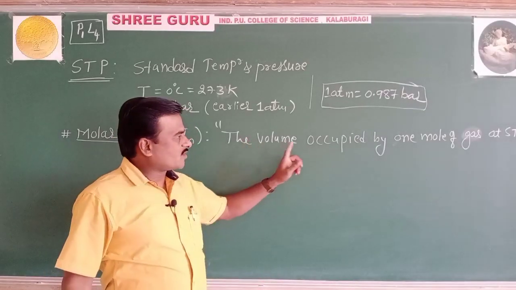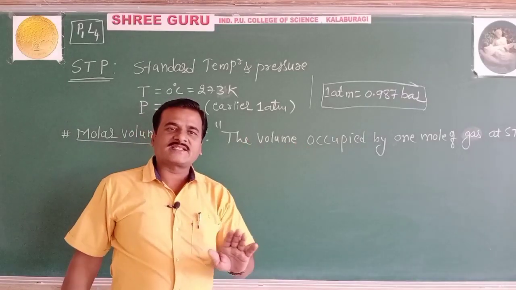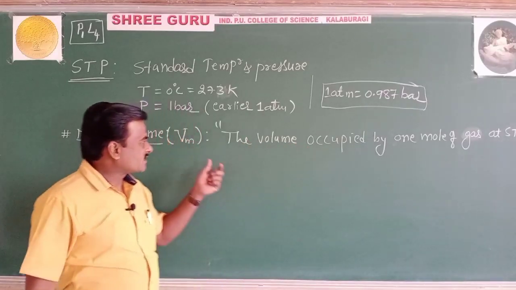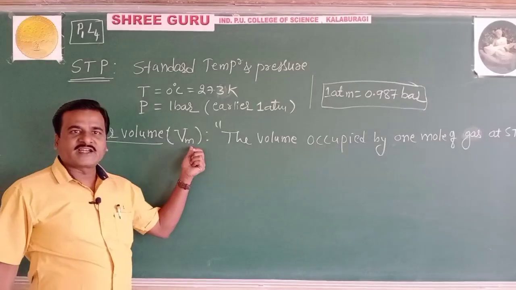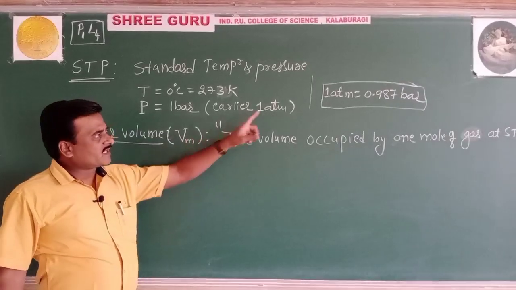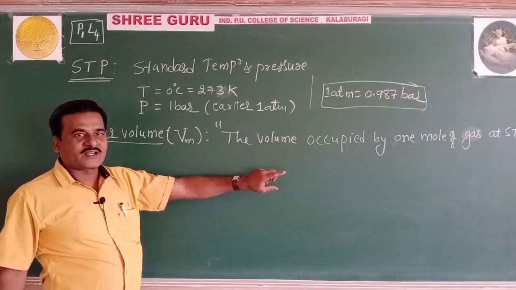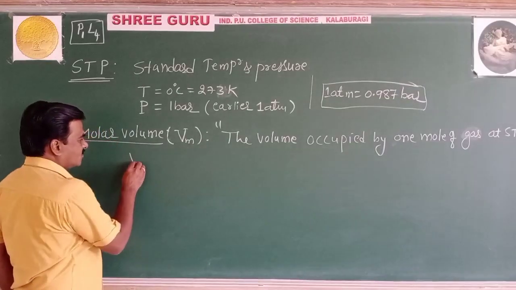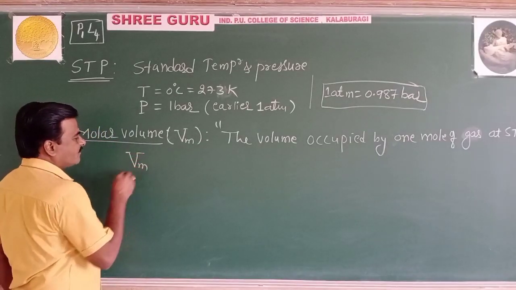So the volume occupied by 1 mole of gas at STP condition is called molar volume and is indicated by Vm. By taking atm and bar units, we have two values of molar volume.